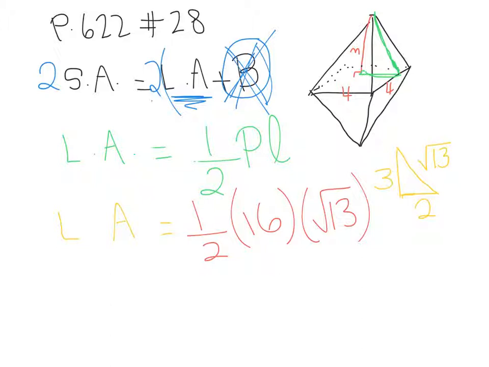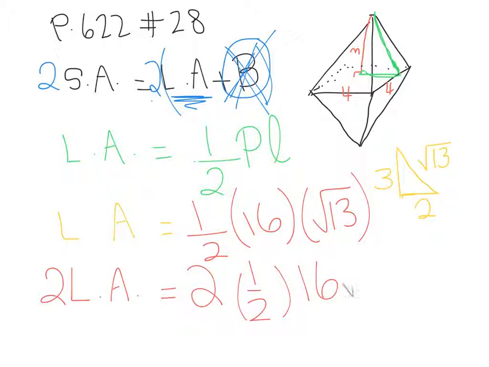And I have half of 16 times root 13, but I have 2 of the pyramids, so we agreed I want 2 lateral areas. Well, 2 times half 16 root 13 is just 16 root 13.